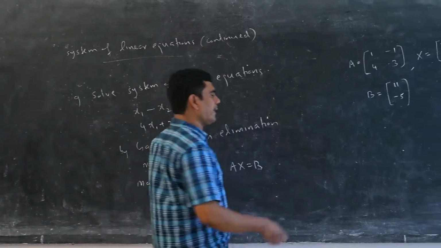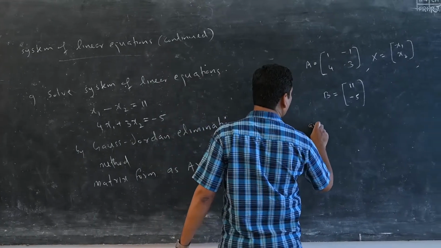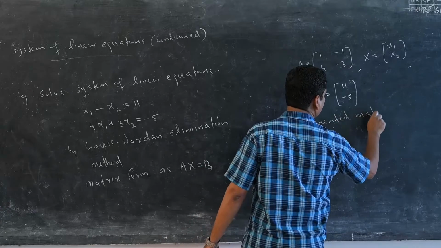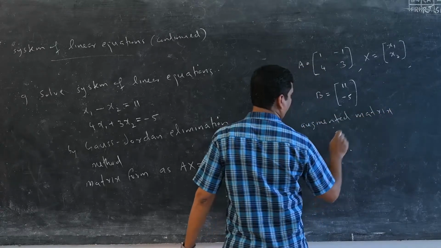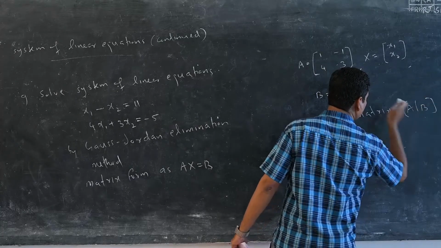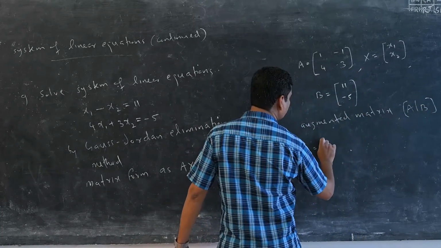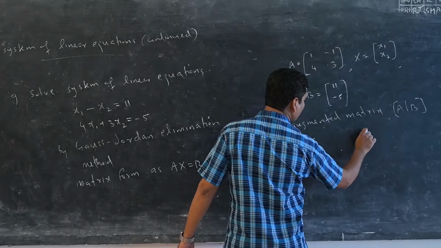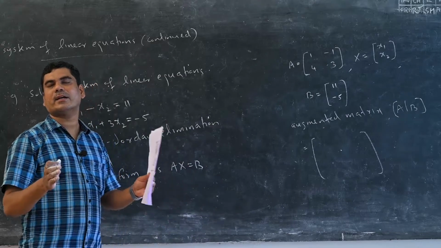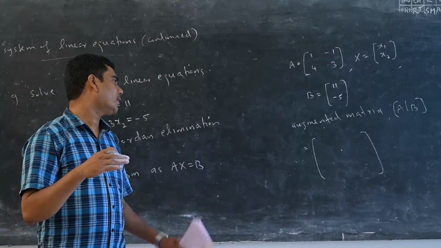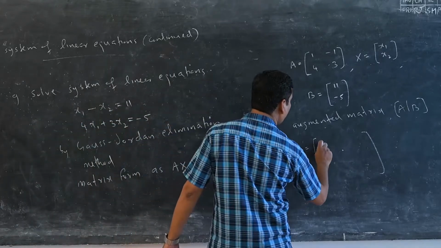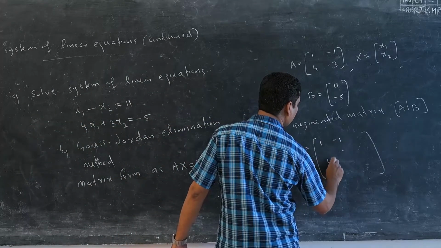Now the augmented matrix AB. The augmented matrix AB is obtained by placing the constant matrix to the right of the coefficient matrix A. There is 1 minus 1, 4 3.